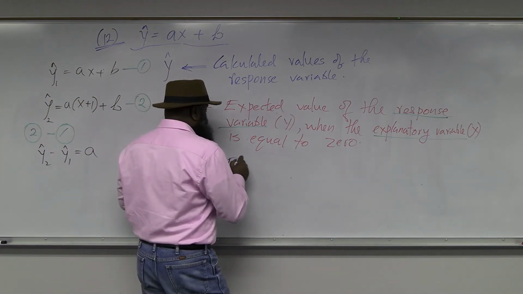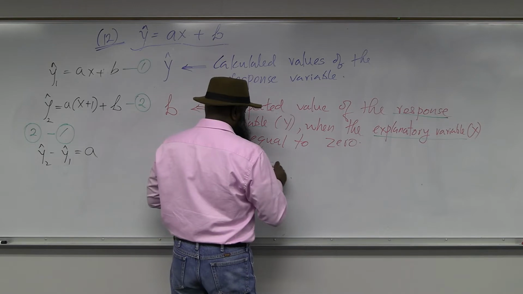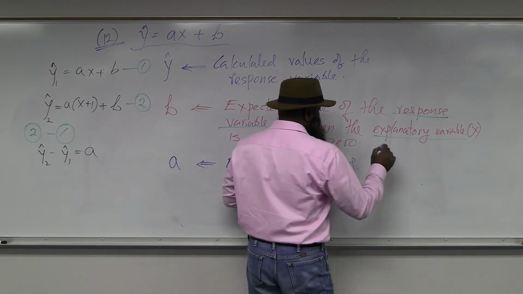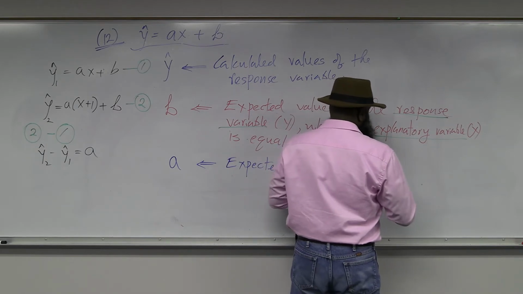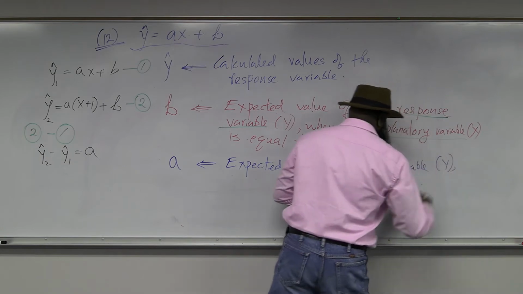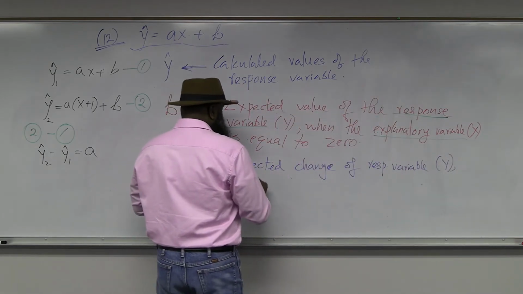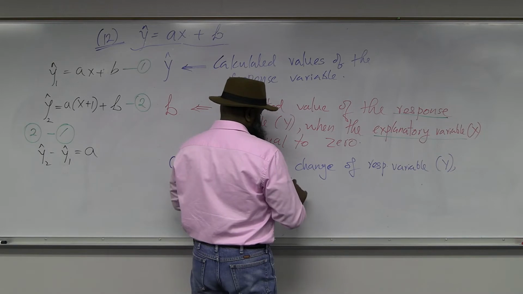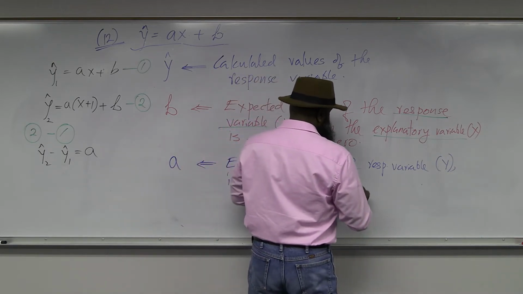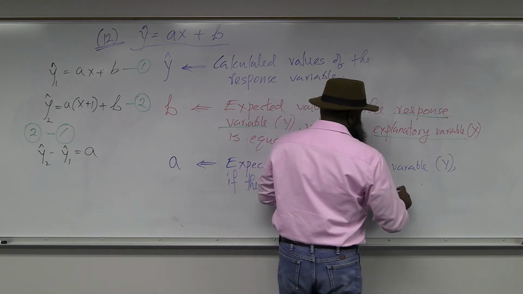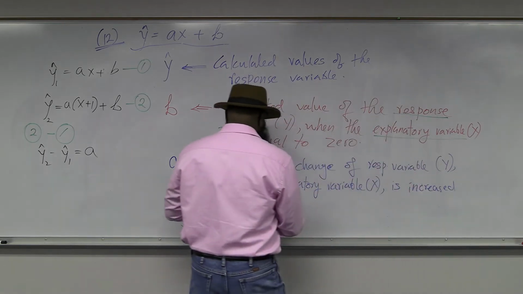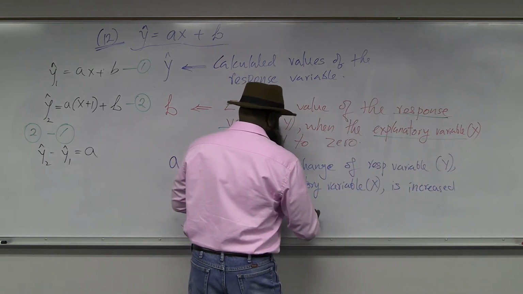A is the expected change of the response variable, which is the variable y, if the explanatory variable, which is the variable x, is increased by 1 unit.